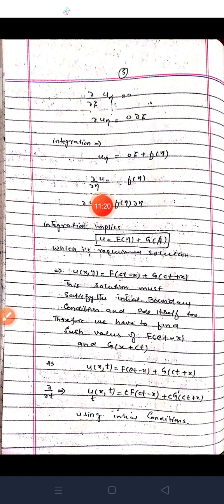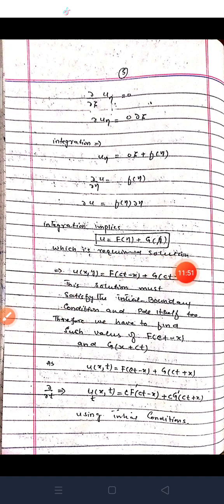Now del over del eta of u is equal to that function of eta. Taking the integral on both sides, after finding this integral, we surely get the answer in the form of a function of eta, and that function can be written as phi of eta. In this integration our zeta was constant, therefore u is equal to f of eta plus g of zeta, which is our required solution.